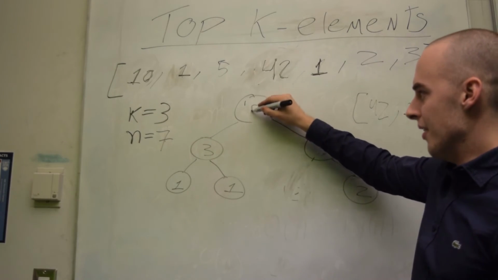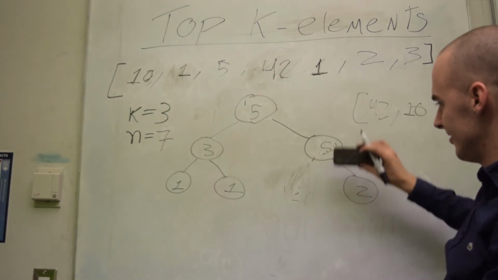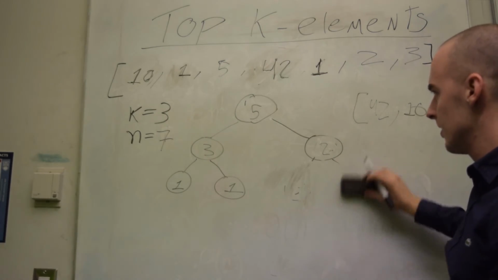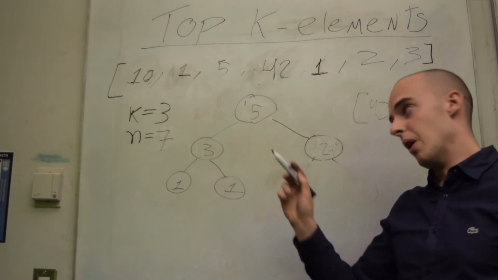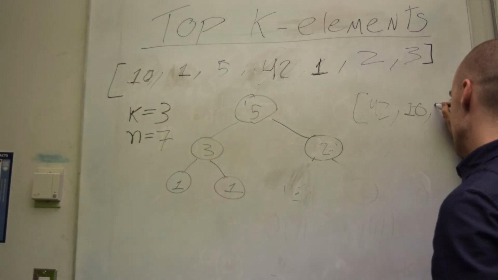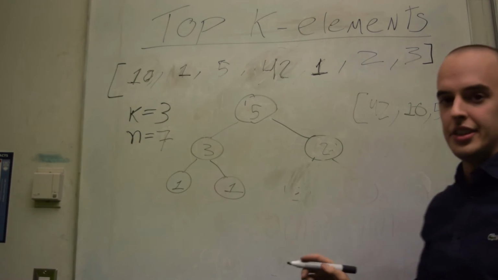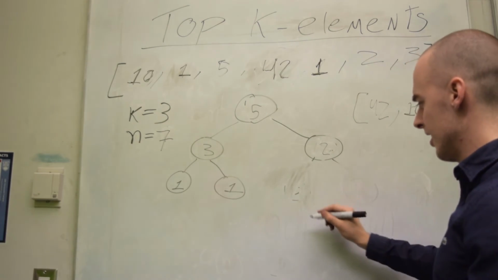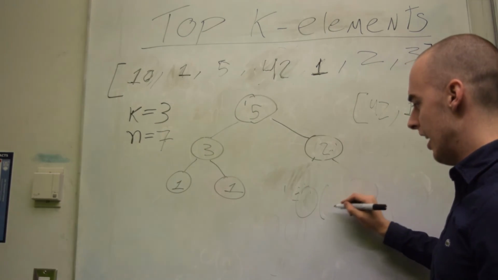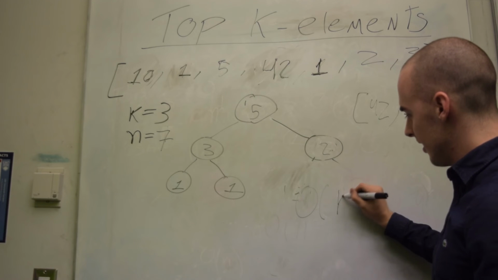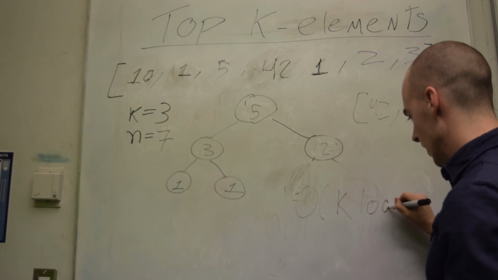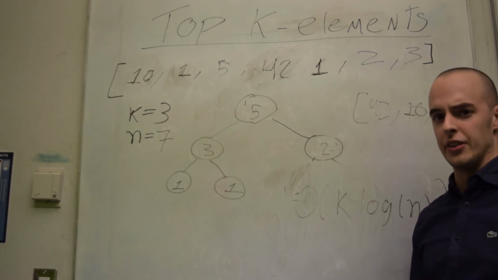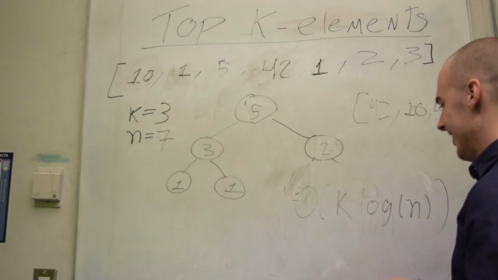Bubble up number 5, and then we remove number 5 and put it on our response array. Every time it takes log n time, for k elements. And this would give us k log n.